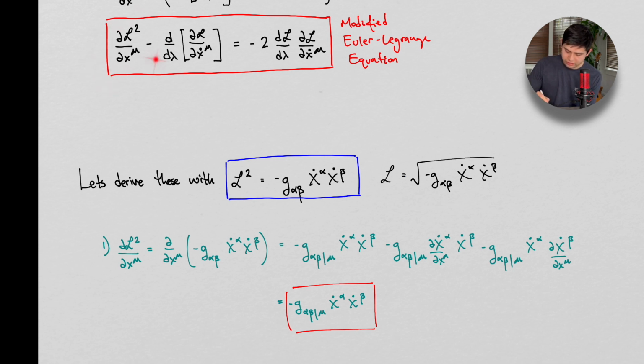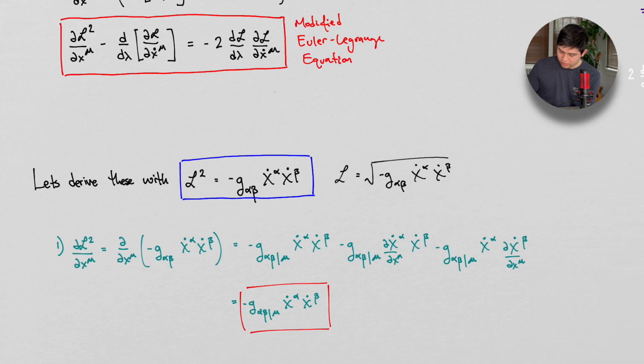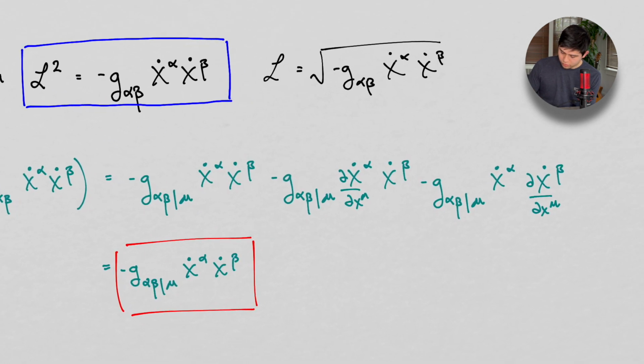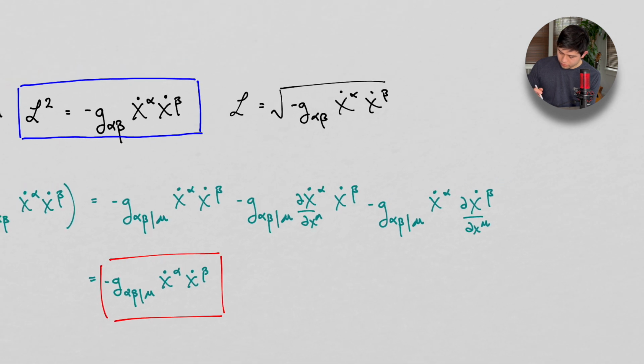So if we want to find this guy here, that's this. We're taking the derivative of this, right? Because this is squared. So that's this right here. And we can say, well, we get this guy, oops, we have this guy right here, and then these two guys, right?